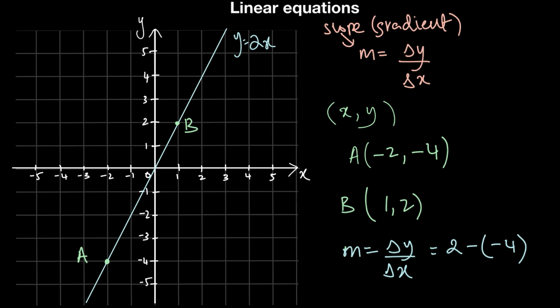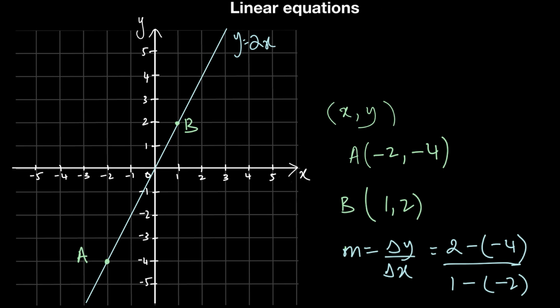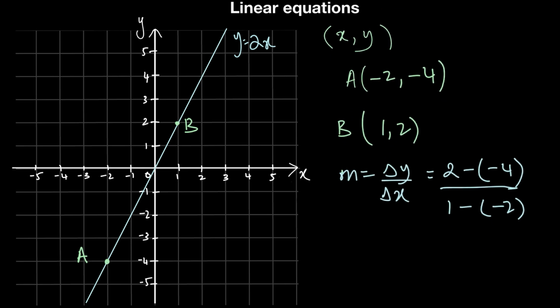The difference between the endpoint, B, and the start point, A, in y values is +6, whereas the change in x is 1 minus -2, which is 3. So when I do the math over here, I get m equals 6 over 3, which equals 2. So that's one way of calculating the gradient, or the slope, for a given graph.